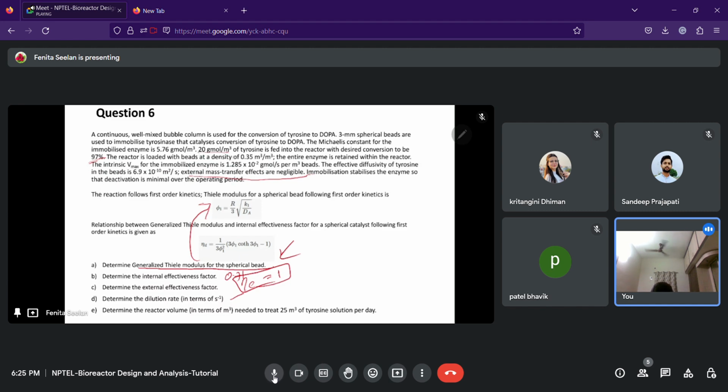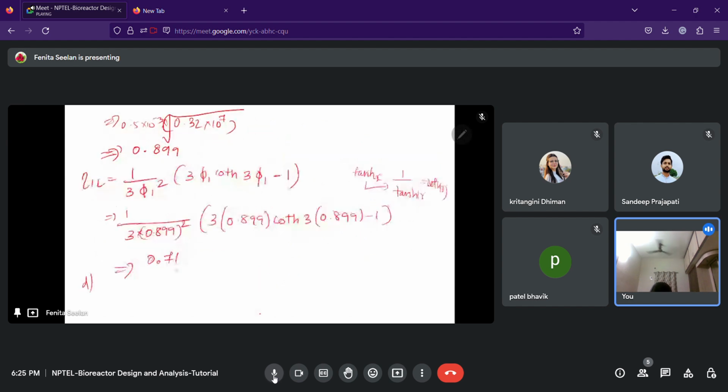The substrate is tyrosine, and the initial substrate concentration is given as 20 gram mole per meter cube. We have both X and S naught values. So the formula, if you remember, is X equal to S naught minus S, your final substrate concentration, divided by S naught. We know X is equal to 97%, which is 0.97.